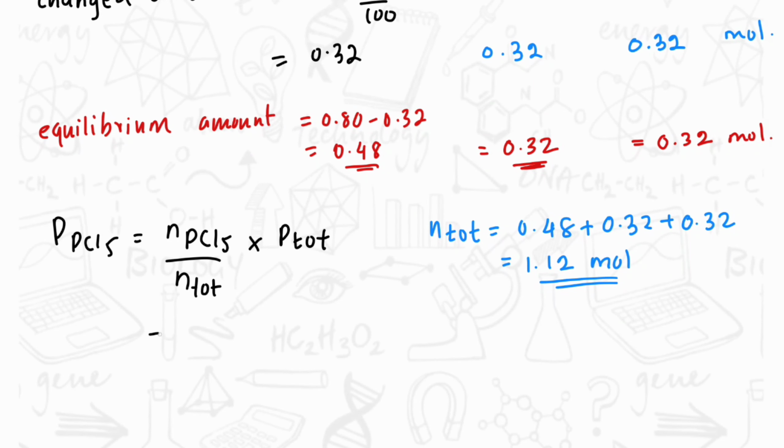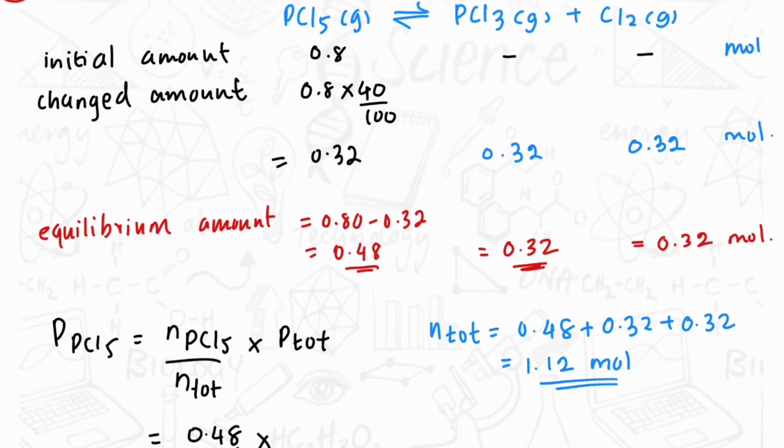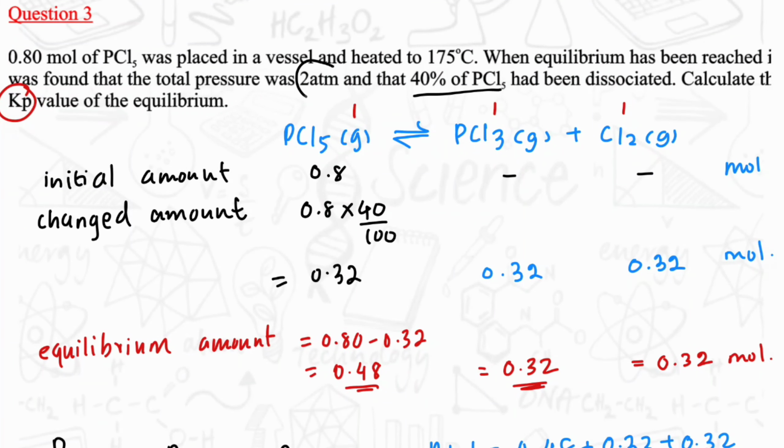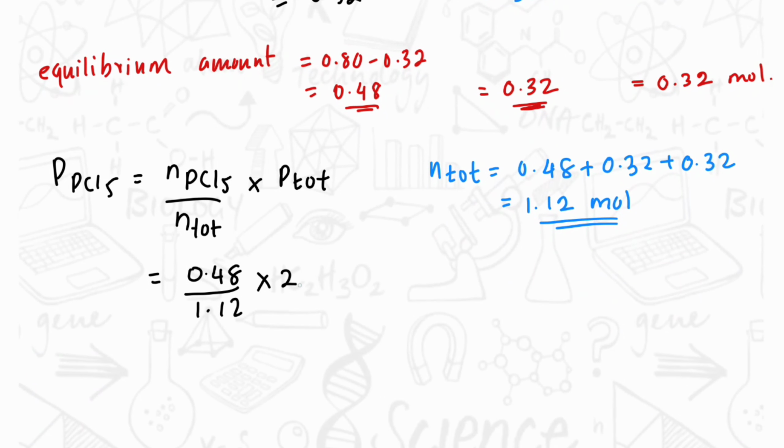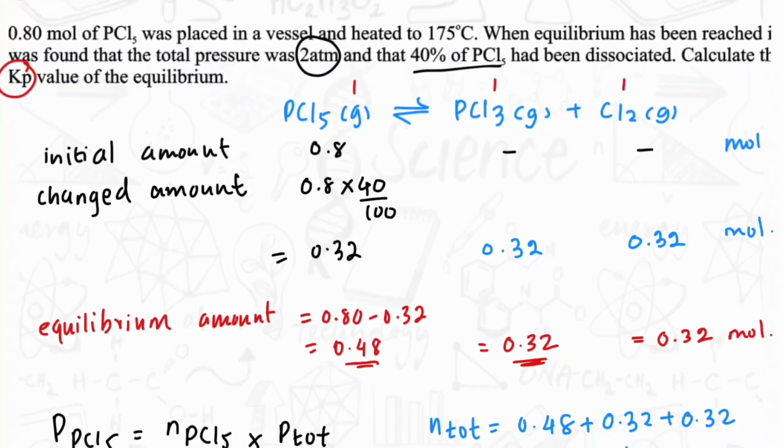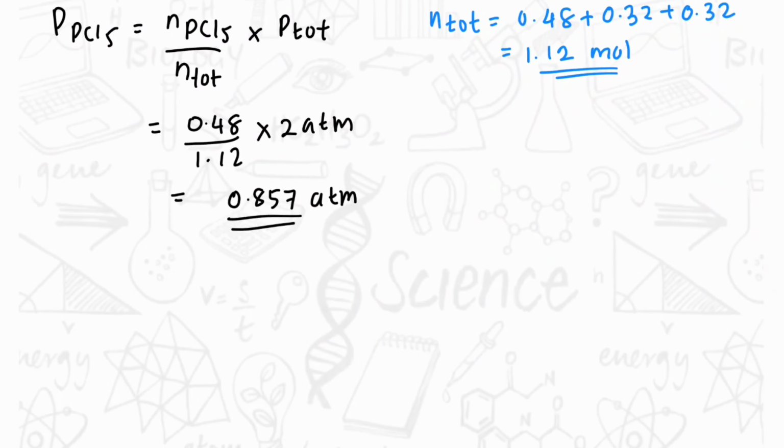So the partial pressure of PCl5 will be 0.48 divided by 1.12 times the total pressure, which is given as 2 atm. So if we simplify this, we get 0.857 atm.